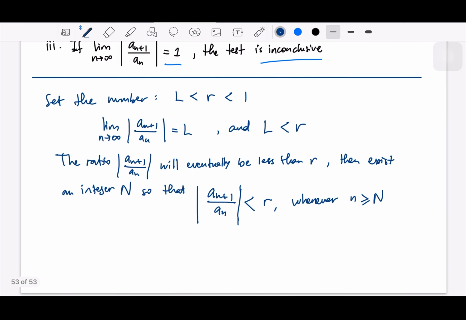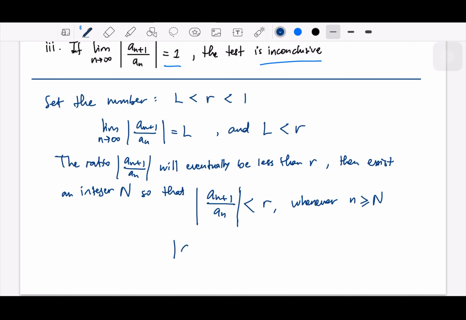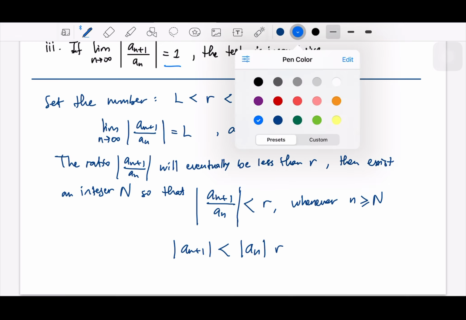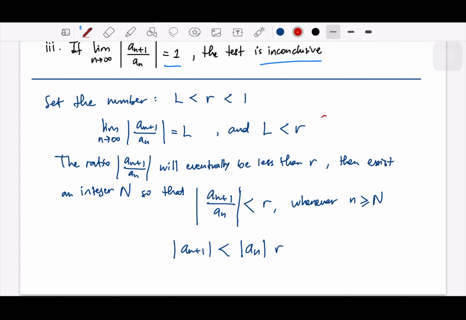Or we can set this up as a_{n+1} is always less than a_n times R. You can think of R as the common ratio in a geometric series, so this is correlated with the geometric series.